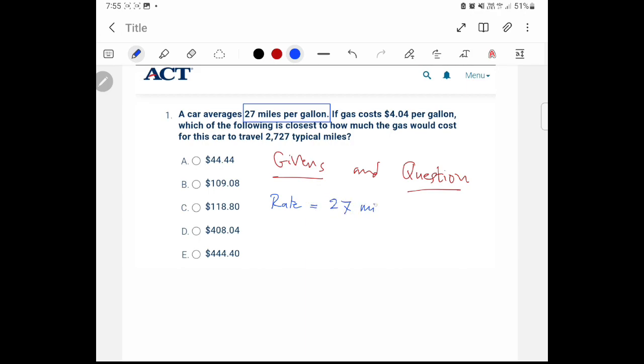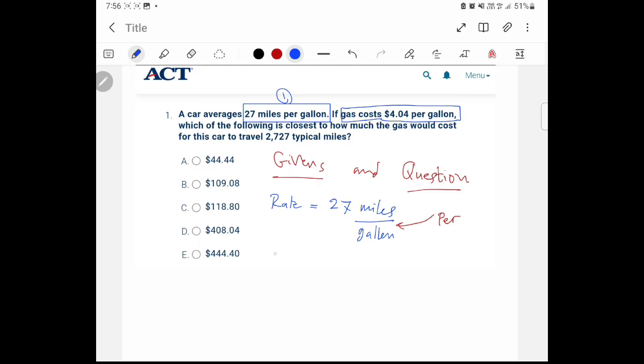27 miles per gallon. So remember that this division here corresponds to the word per. So that's the given number one. The given number two is the gas cost.